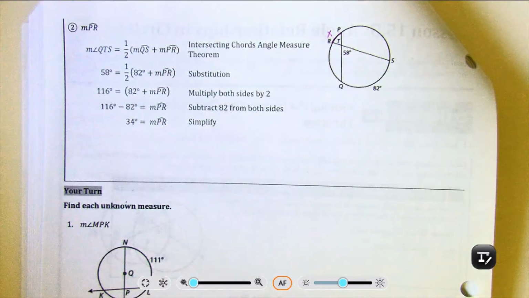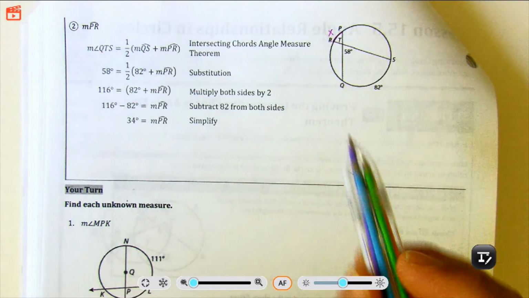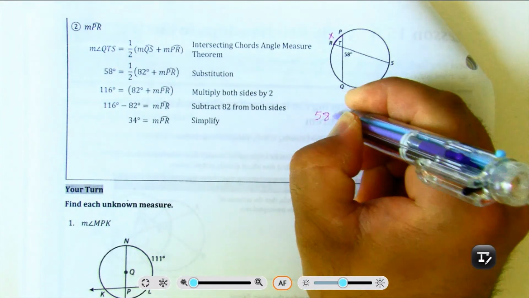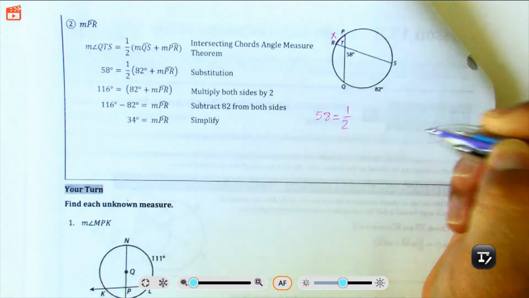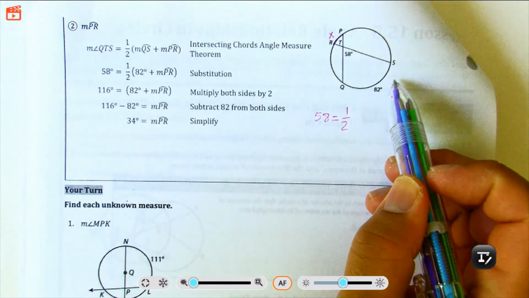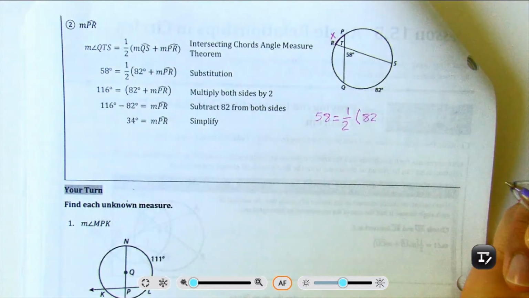So we're going to have the angle, so 58 is equal to 1/2 of arc QS, which is 82, plus X, that is arc PR.